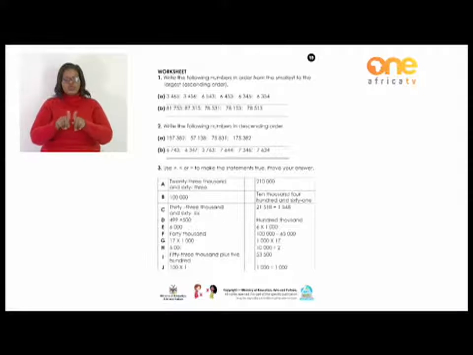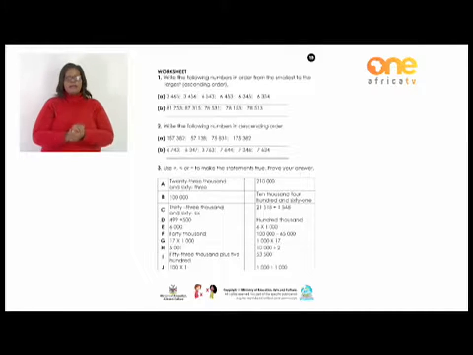We go to the third question, in which you need to use the 3 signs to make the statements true or to prove your answer. So from A until J, you see that one number is written in numeric, the other one is written in words. The best way to compare these numbers is to make sure the number written in words is written in numeric.